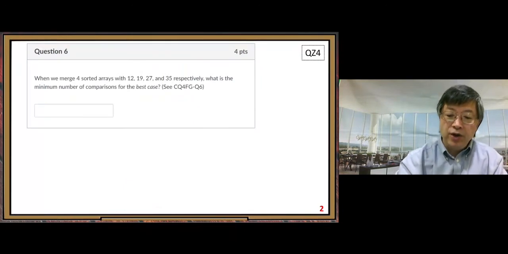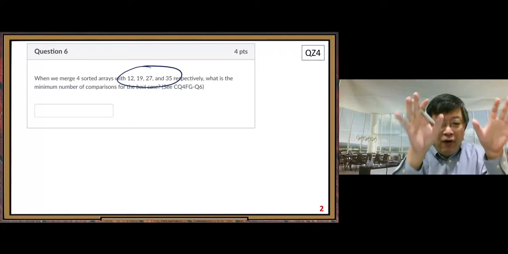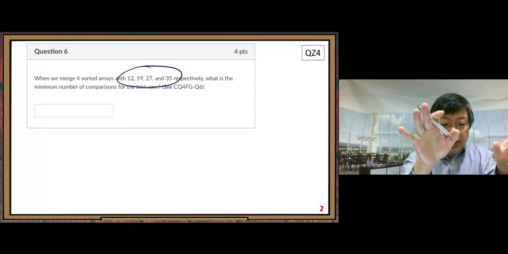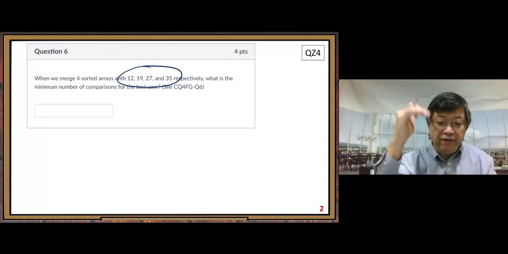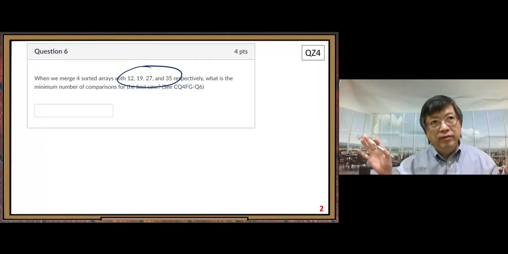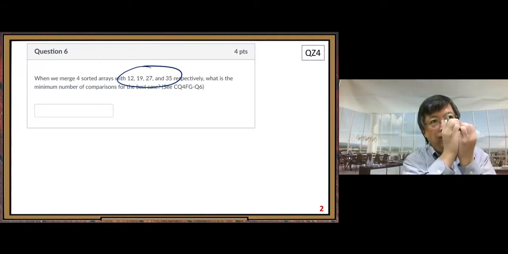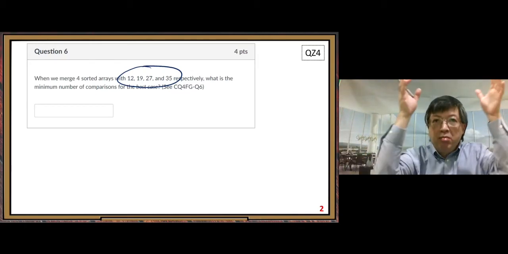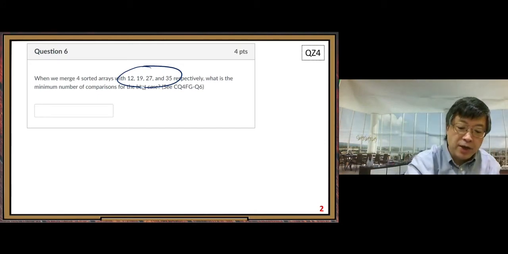Question 6 of quiz 4. There are 4 sorted arrays with the sizes given here, 12, 19, 27, 35. Now we want to merge them. There are many different ways to merge. Merge them into one big sorted array, and we want to use the minimum number of comparisons for the best case.